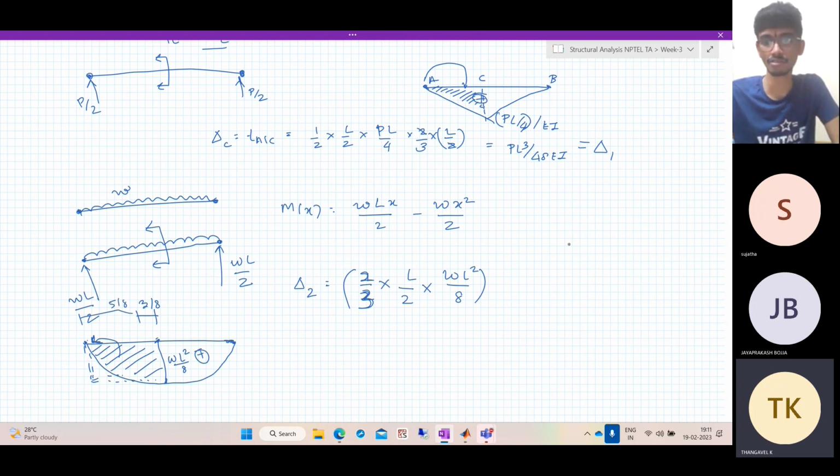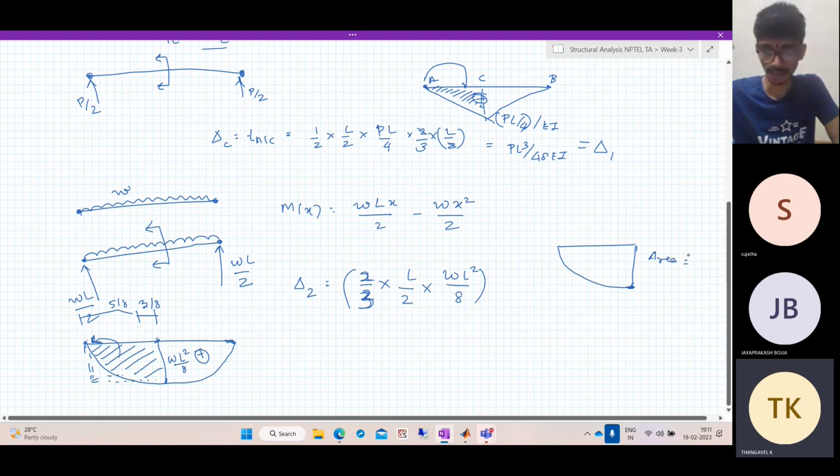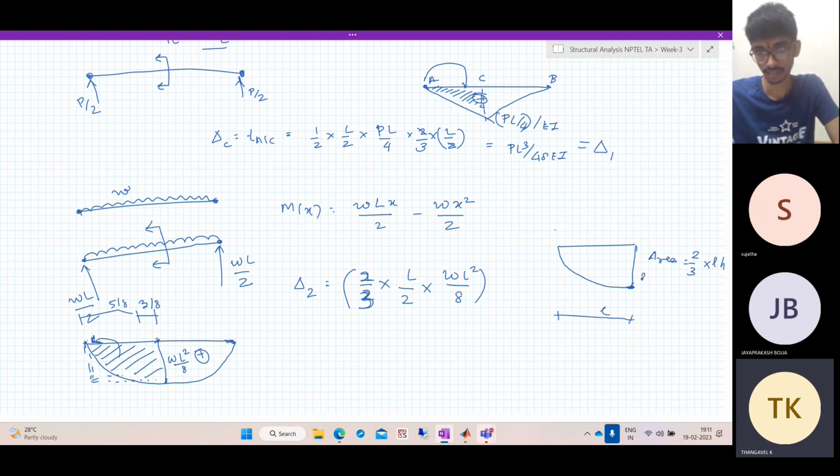If you have a parabola, it's helpful to remember this. You should have a parabola ending at a slope 0. In that case, the area is 2/3 of the rectangle. If it is L and H, this is L, this is H, area is 2/3 of the rectangle.